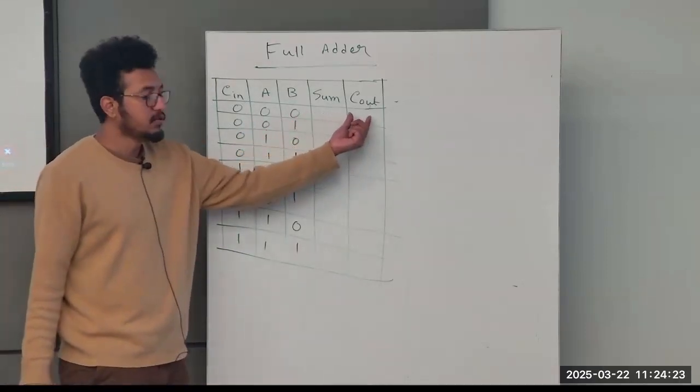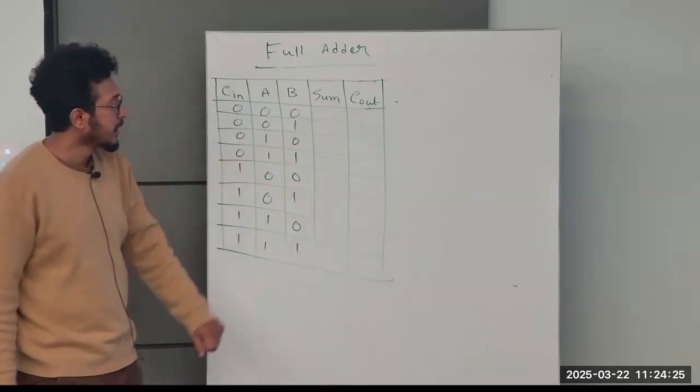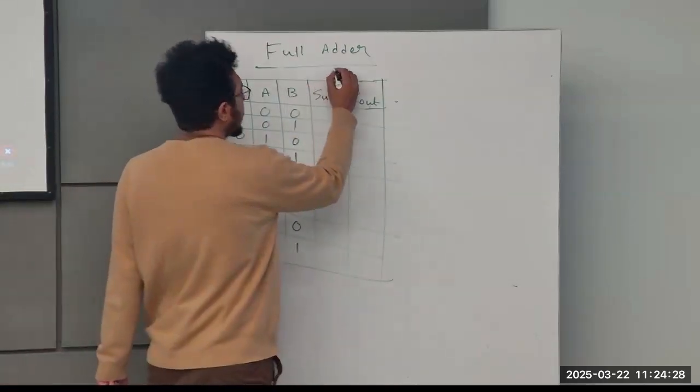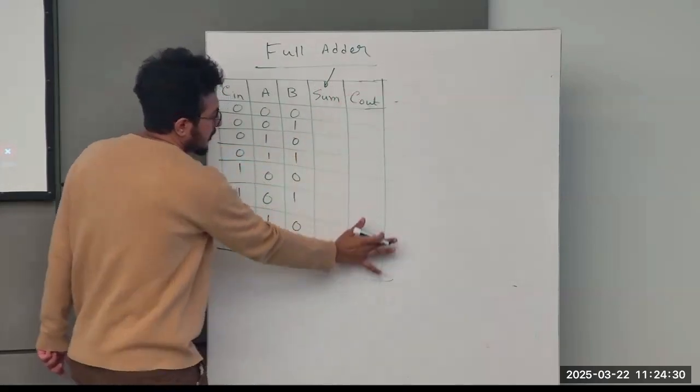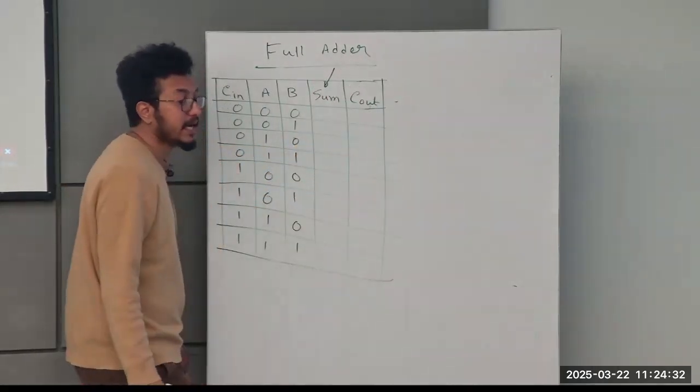So these two are the output, sum and carry out. We will begin our focus with one output. Let's forget about the second output for now.